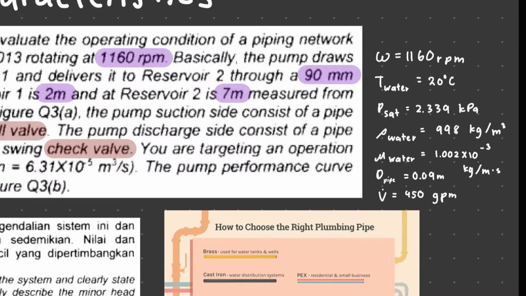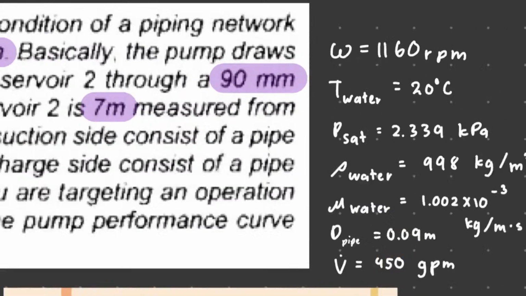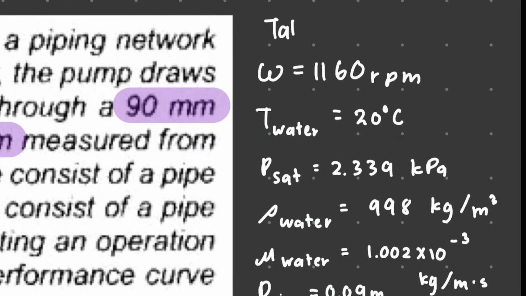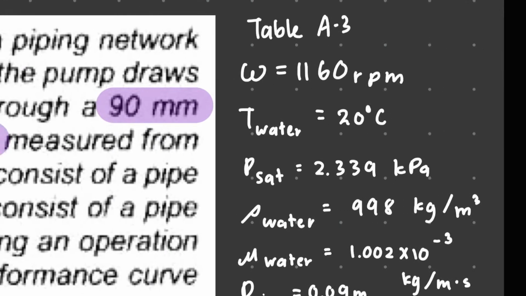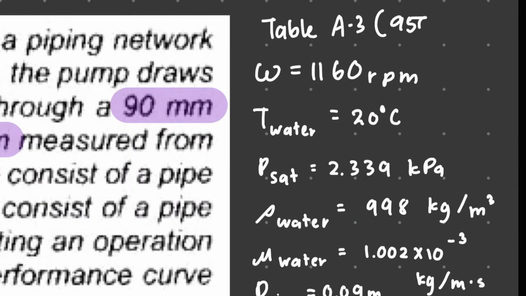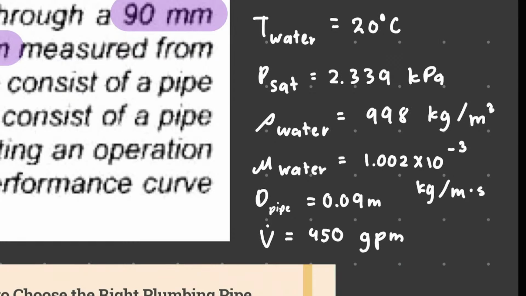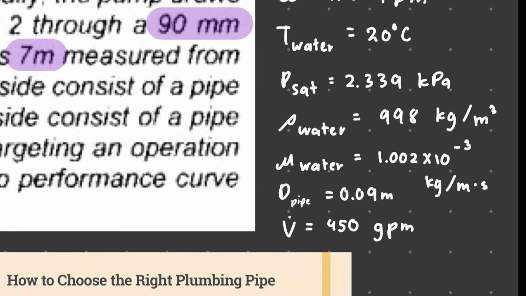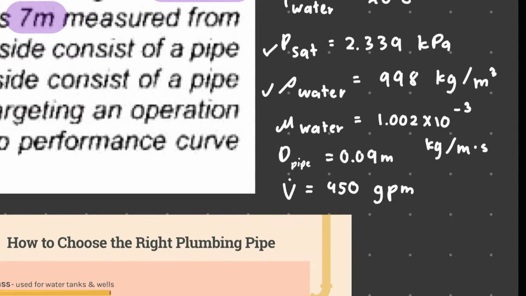Open your textbooks to the table of saturated water, table A3, page 950. Go there and you will find the other details, which are the P saturation, the density of water, and the viscosity.